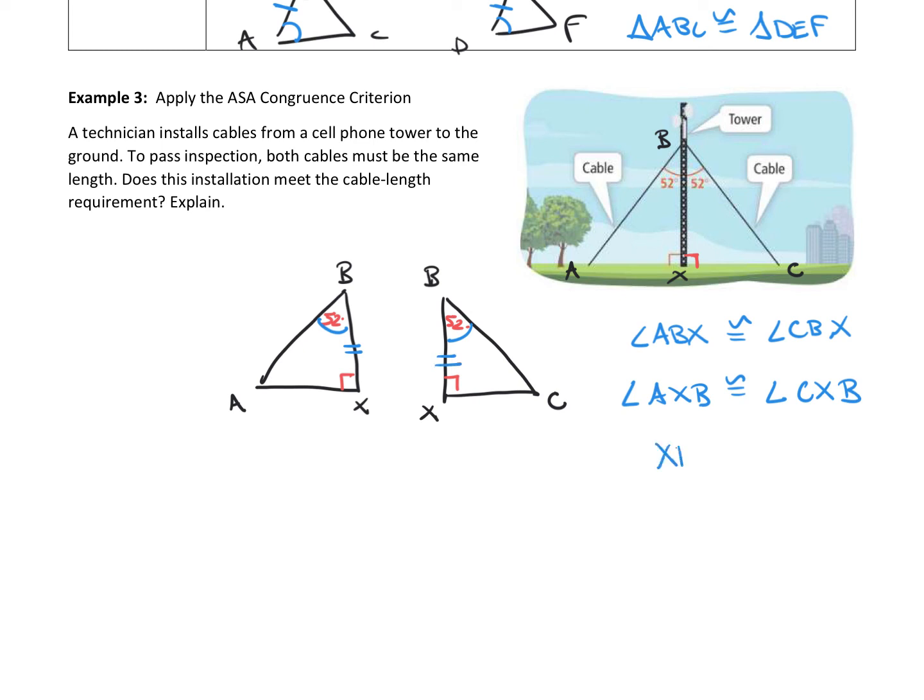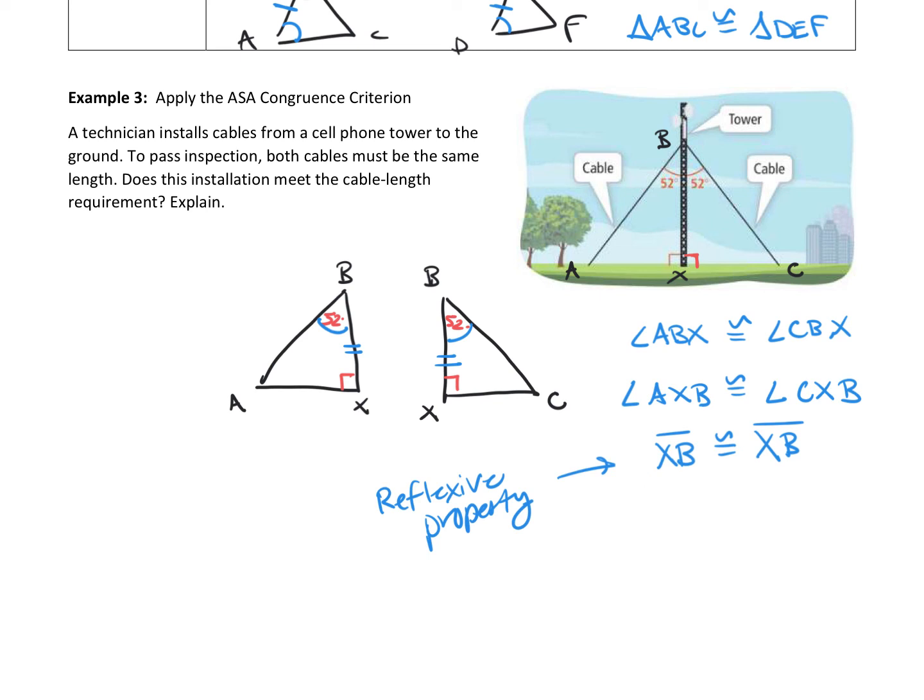So we can say that XB is congruent to XB. That is what we call our reflexive property. If the same segment is congruent to the same segment, that happens when a segment is part of two triangles, or it could be an angle. Maybe you have one angle that is part of both triangles.